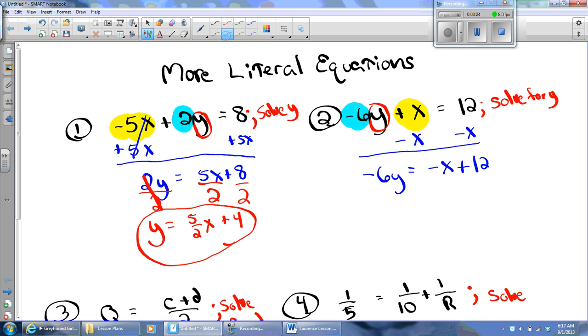Y is still not alone, so now I'm going to divide by negative 6. Those will cancel, leaving me with y equal to a negative 1x over negative 6. It's going to be a 1/6 x. The negatives cancel out. 12 divided by negative 6, negative 2.